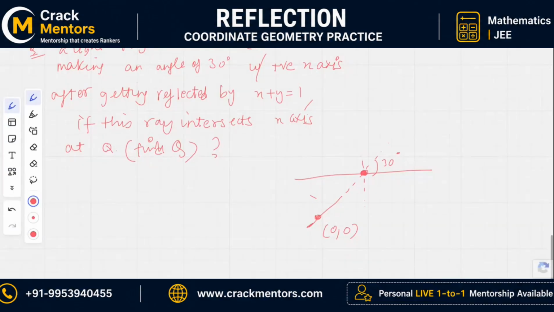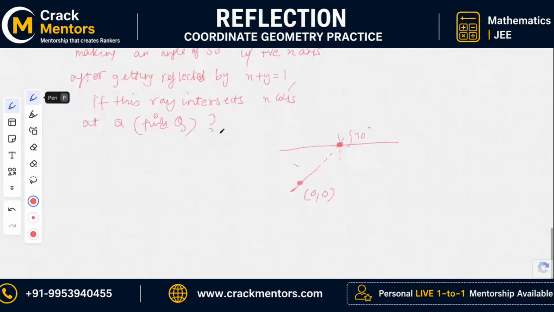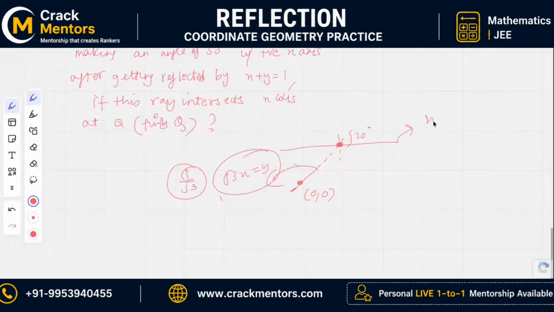It reflects from x plus y minus 1 equals 0. Definitely we can find the equation of this line. The slope is tan 30 degree, which is 1 by root 3. So we get root 3 y equals x.